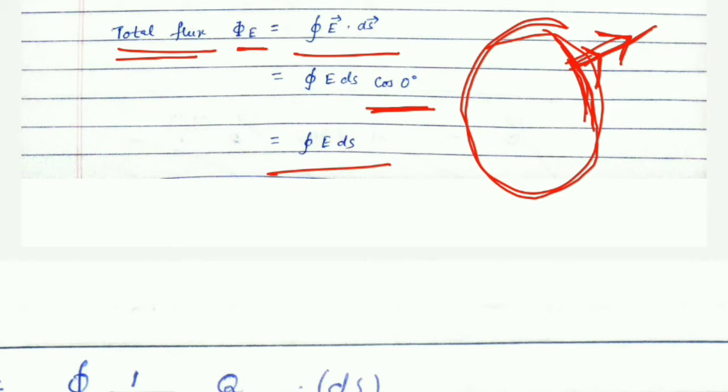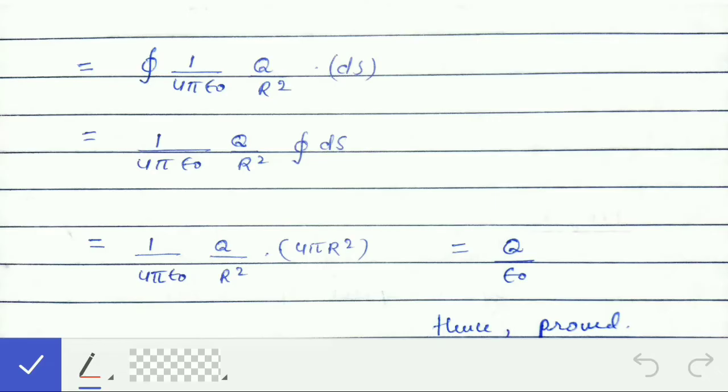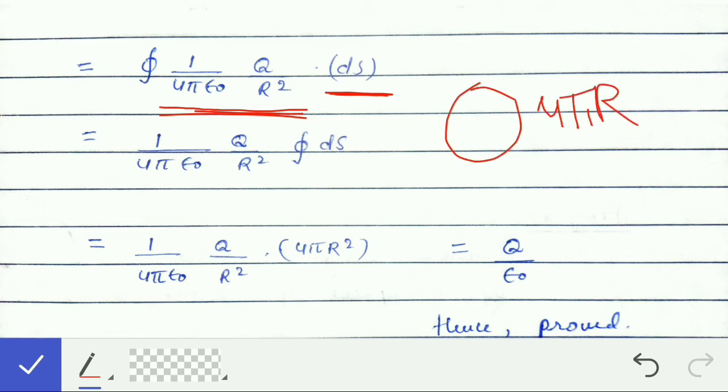Now what we can write here is E equals 1 upon 4 pi epsilon naught times q upon r square, since we studied this in electrostatics part 1. And ds is the area, and the area of a sphere equals 4 pi r square.